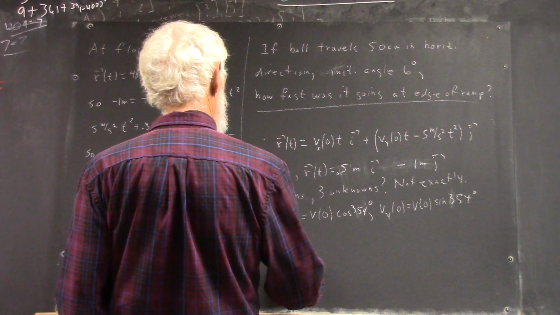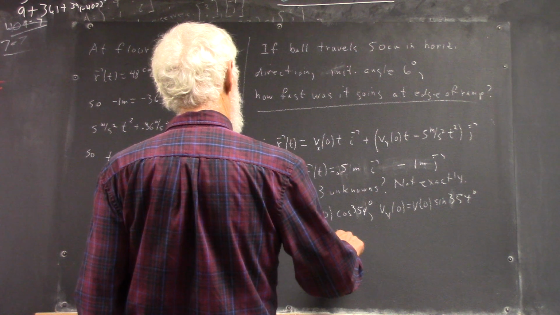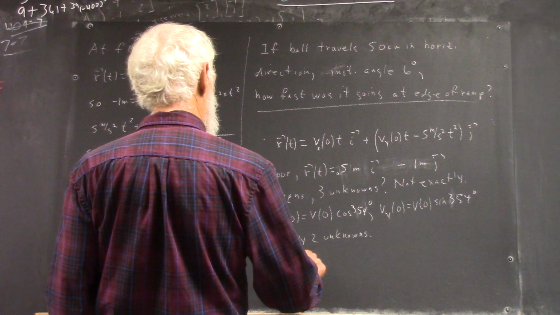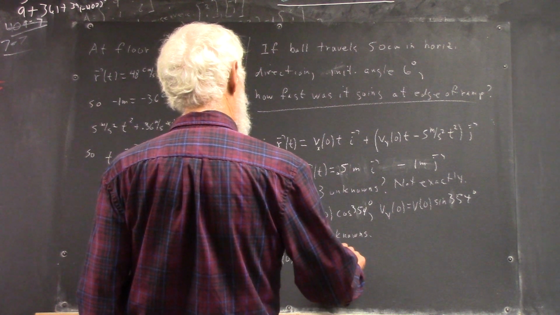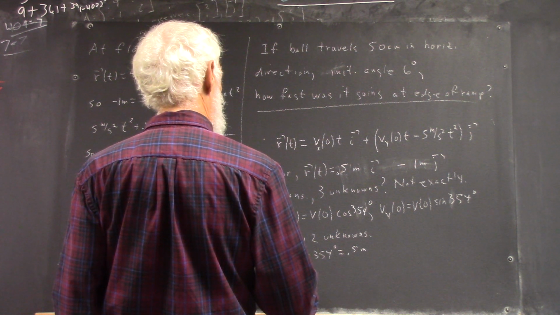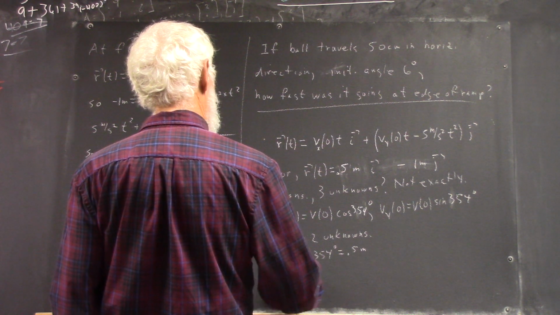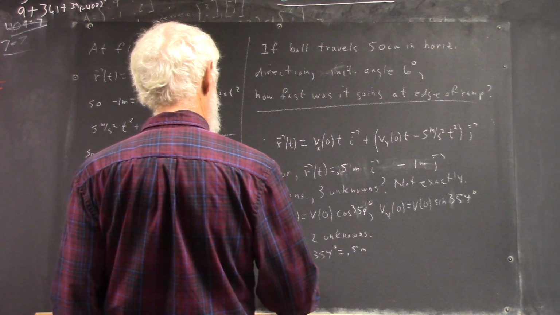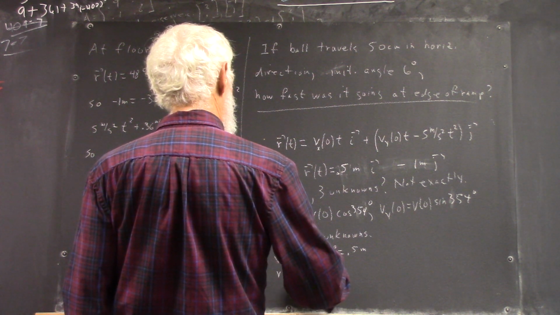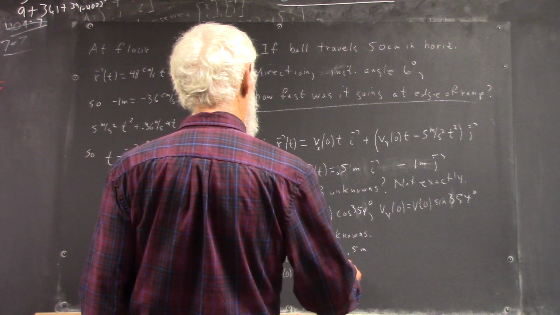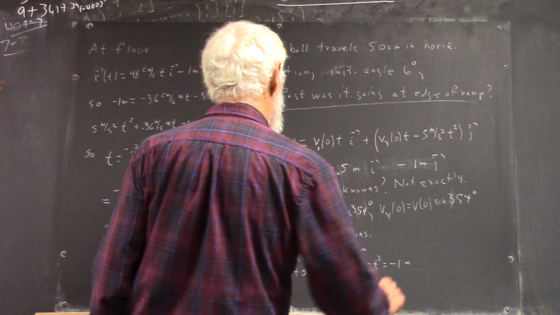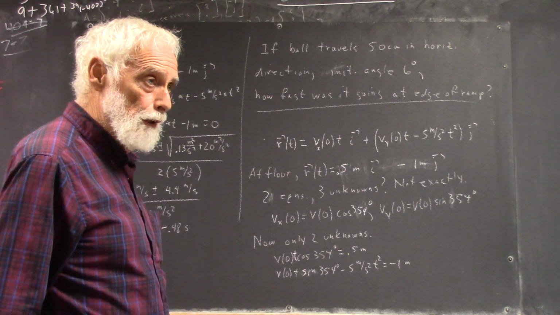So now we have only two unknowns. There's a T in there. And of course, cosine of 354 degrees and sine 354 degrees.